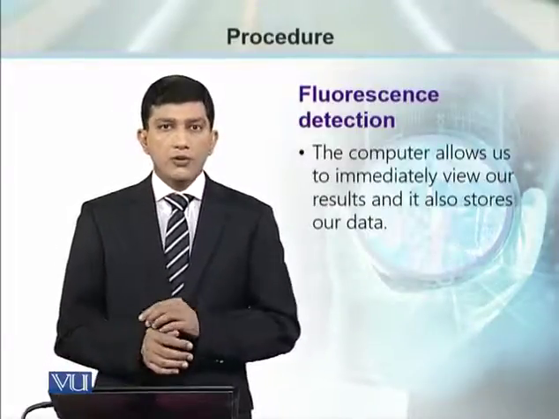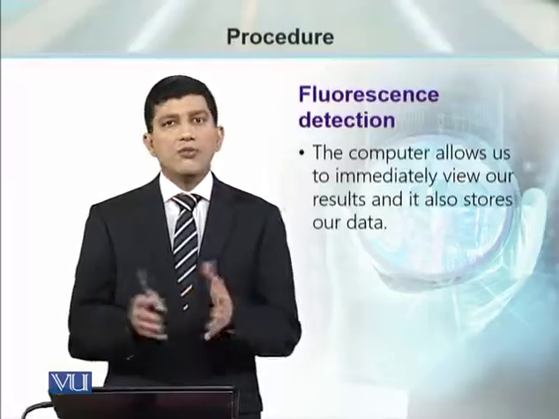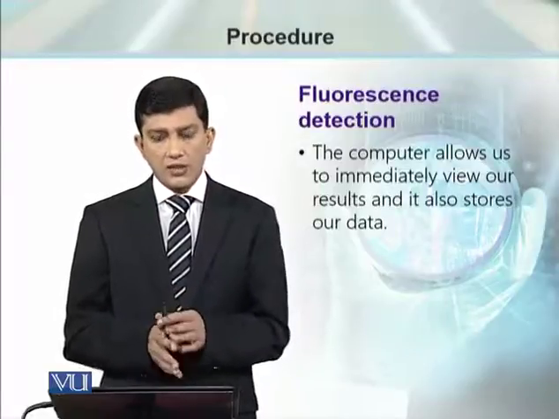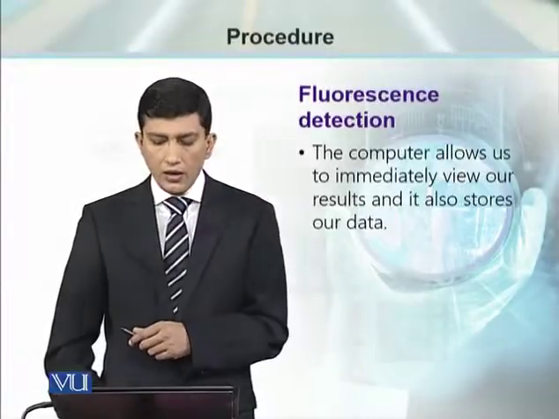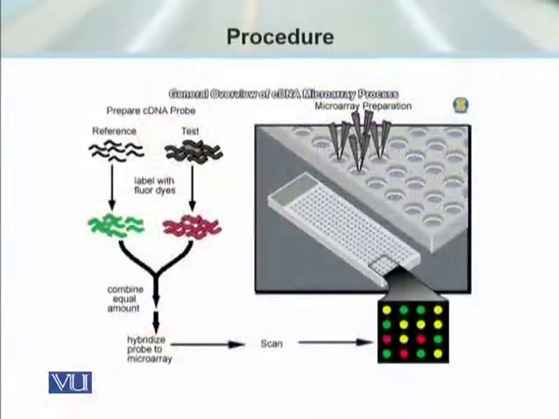This microchip or microarray is going to be inserted into the scanner, and the scanner is going to reveal the fluorescence which is coming out from the spots in the form of green light or in the form of red light.